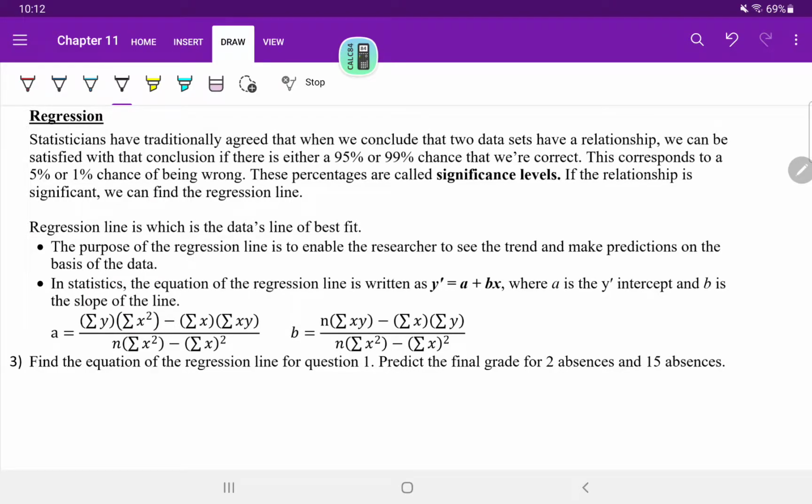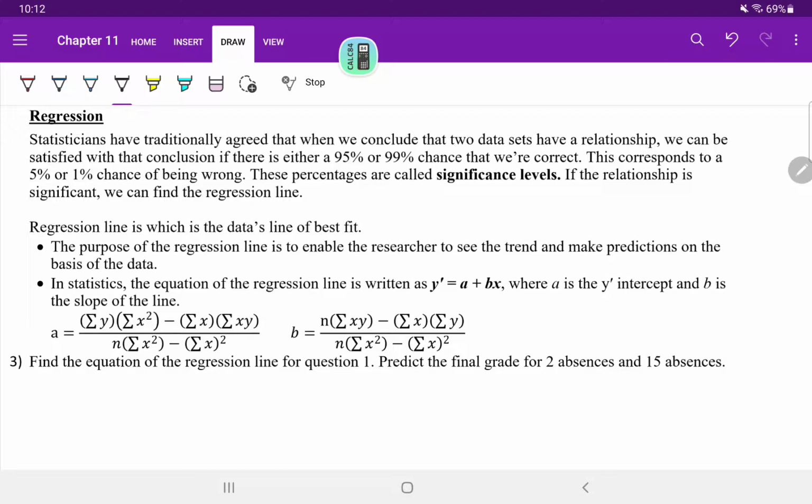This corresponds to a 5% or 1% chance of being wrong. If you are 95% correct, you have a 5% chance of being wrong, and we call this our probability of type 1 error. But once again, those are Stats 250 terms. These percentages are called significance levels.